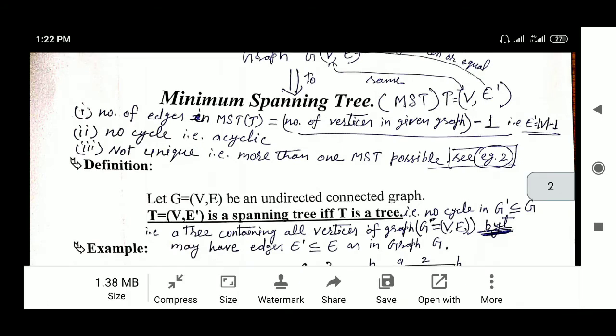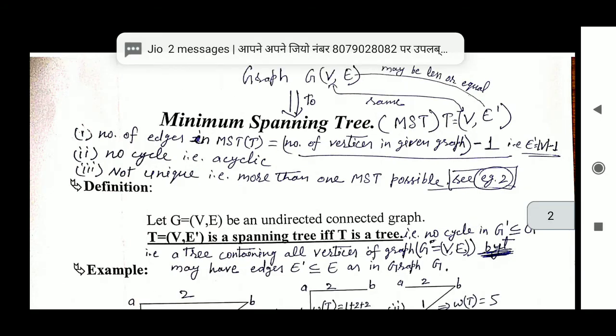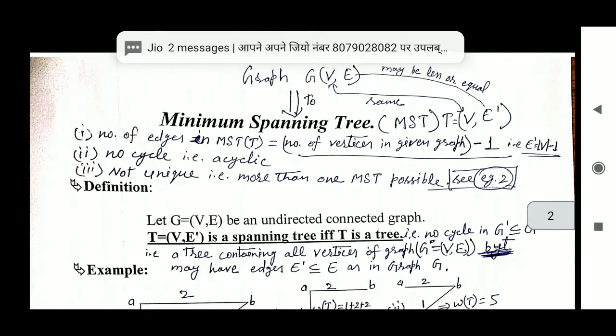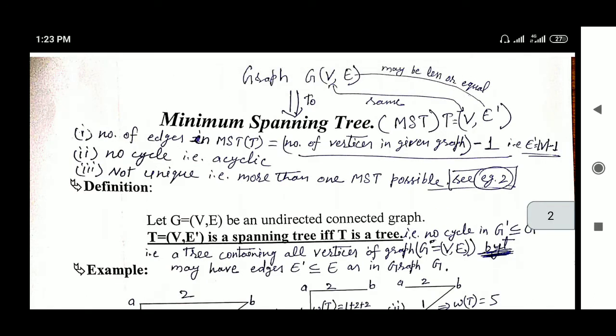So this is the first property of minimum spanning tree: the number of edges in the MST is the number of vertices in the given graph minus 1, and it does not have any cycle.